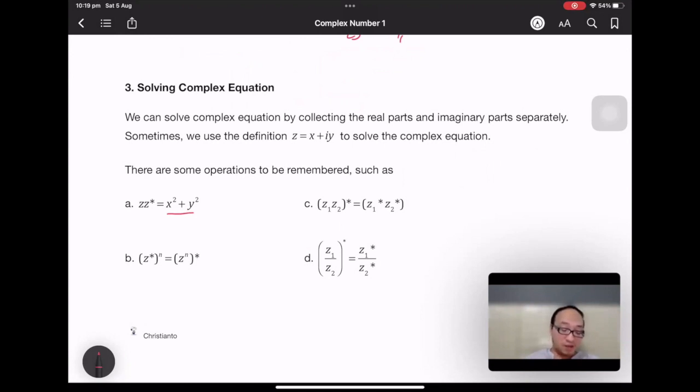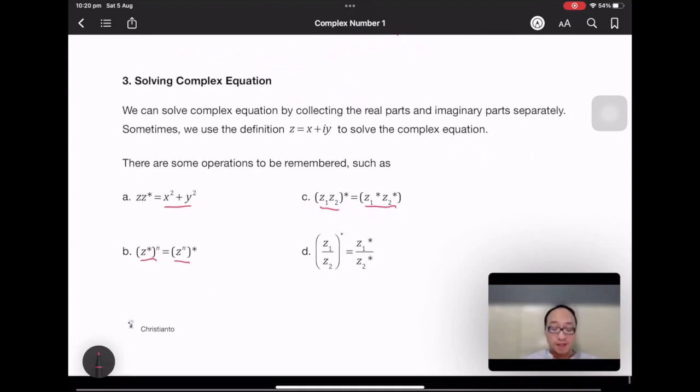If you take the conjugate of the conjugate, it will be the same as the original complex number. If you multiply two complex numbers and then conjugate, that's the same result as multiplying the two conjugates.